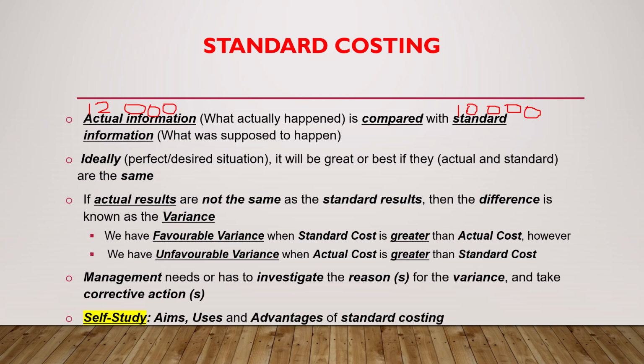So according to our example, this person planned to spend 10,000 but actually spent 12,000, meaning the variance is 2,000, meaning this is unfavorable to this person because there's an extra 2,000 rand that he has to add, which was not planned. So it's unfavorable to him because that 2,000 would have been used on something else, right?